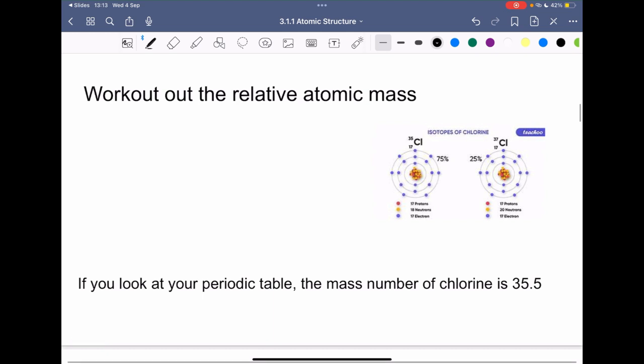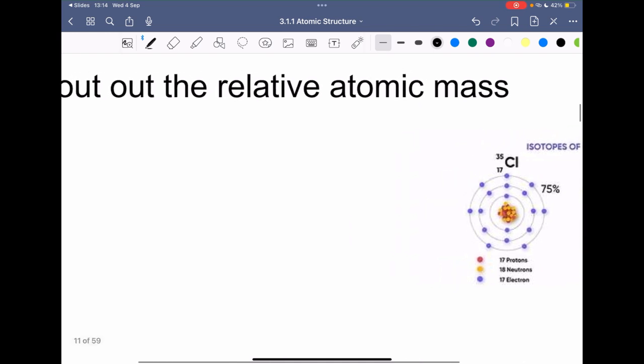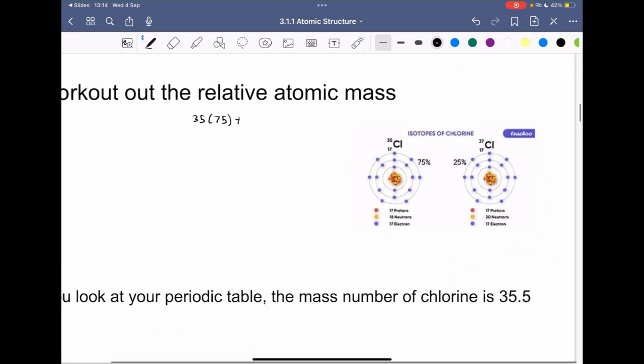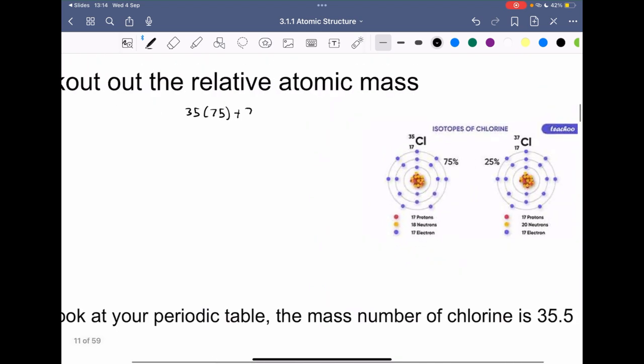So I'm going to show you how scientists work out this average. We get the big number, the mass number, for each isotope. In this case this is 35, and then we get the percentage for that specific mass, 75, and then we add all of these up. So then we do the same thing for this isotope.